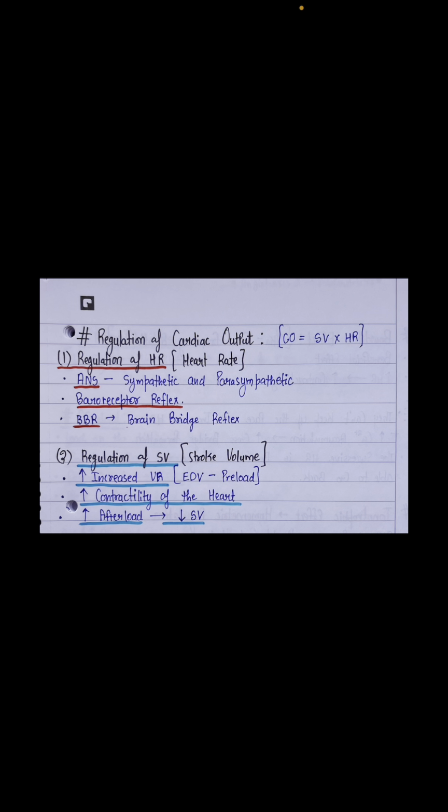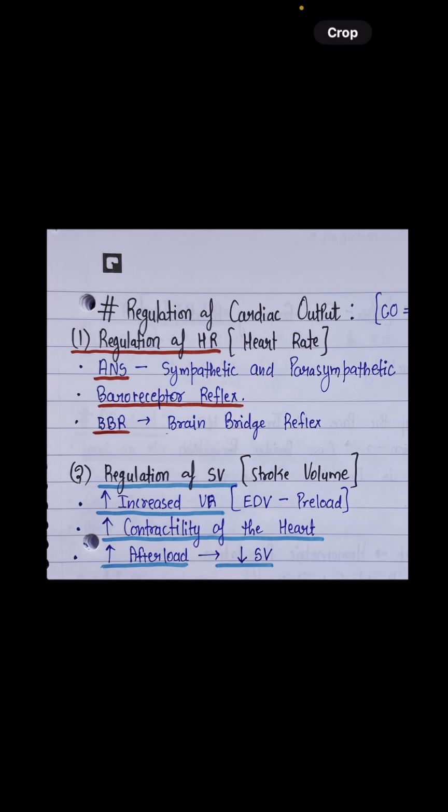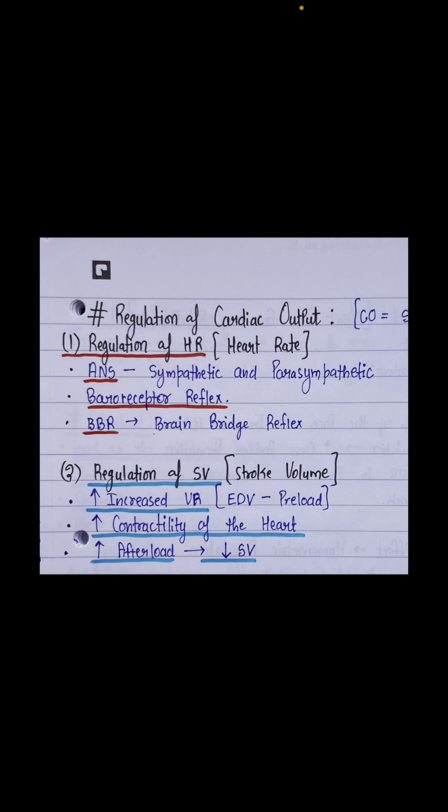Regulation of cardiac output. You know the formula for cardiac output. The regulation of heart rate is done by the sympathetic and parasympathetic systems, the baroreceptor reflex and the Bainbridge reflex. Regulation of stroke volume is by increased venous return, using the Frank-Starling law.